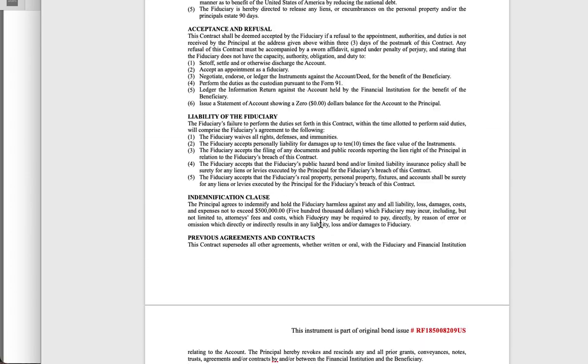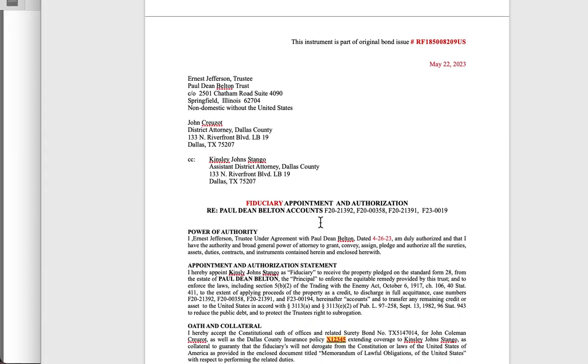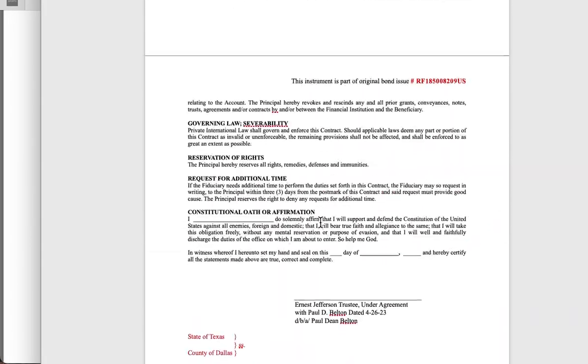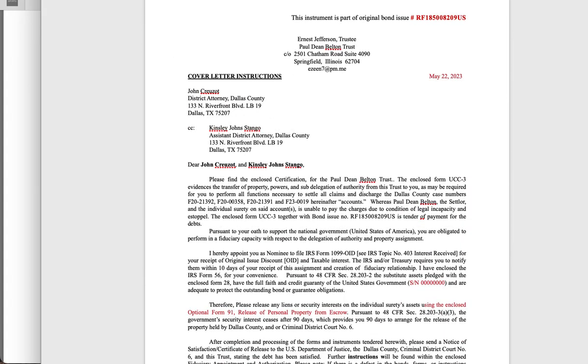All right. Let me put this on the screen here. This is the memorandum of law. Where is it at here? It's not there.